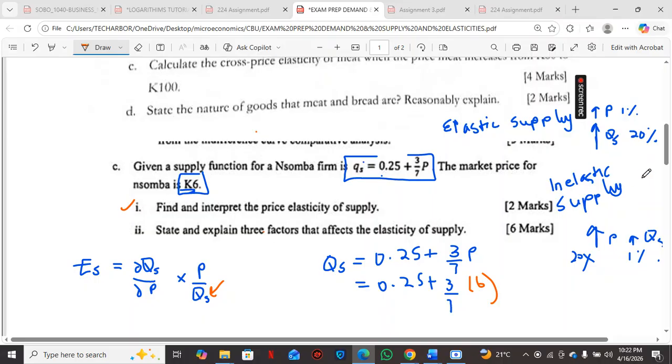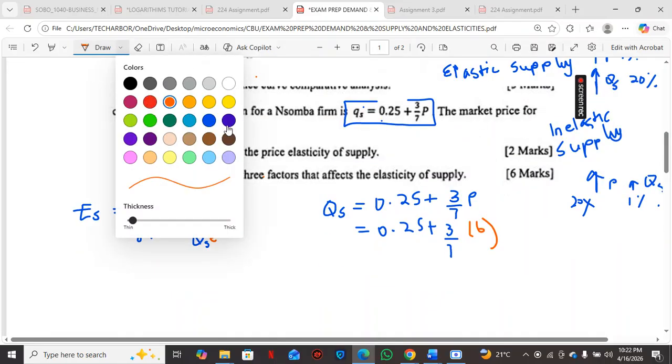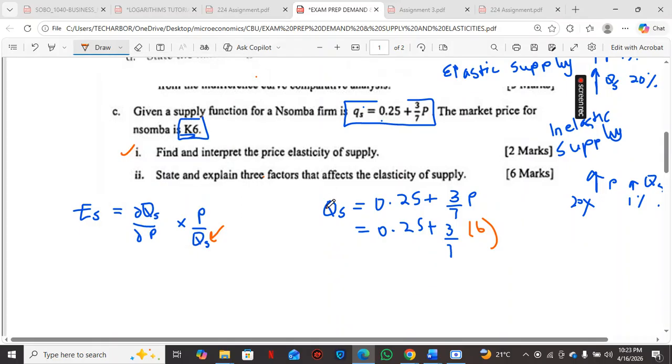You need to interpret the elasticity of supply. Yes. So that's 3 over 7 times 6. So 3 times 6, that is 18. 18 divided by 7, 2.57.